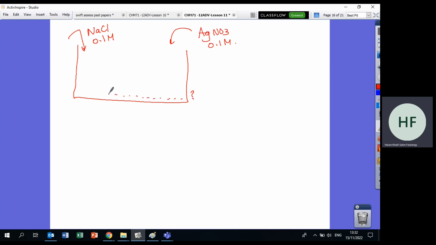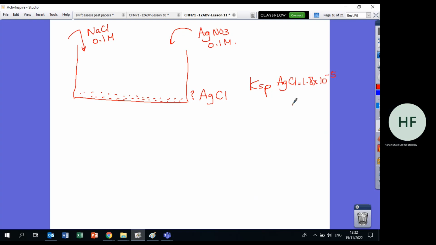Will a solid form at the bottom or not? Of AgCl, and they will give you the KSP of AgCl, for example 1.8 times 10 to the minus 5. Now the question is, will a precipitate form? I don't know whether a solid will form here or not.